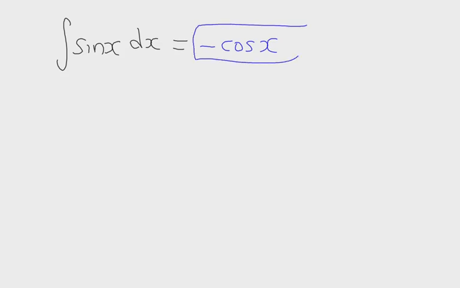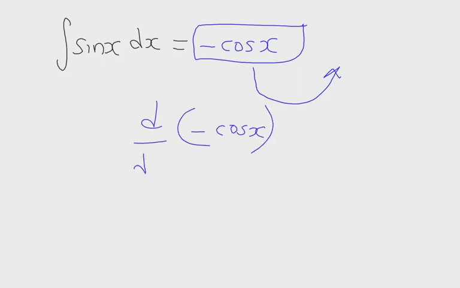Okay, the integral of sin x dx is now equal to minus cos x. Okay, now what does that mean? That means when you differentiate this, you are supposed to get sin x. And imagine you differentiate minus cos x, d/dx of minus cos x.